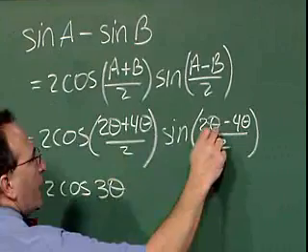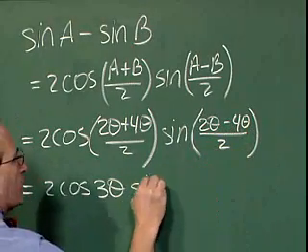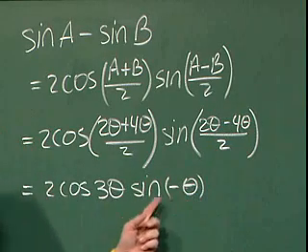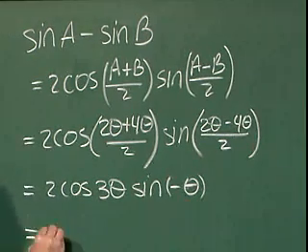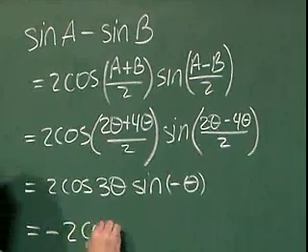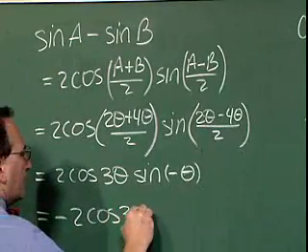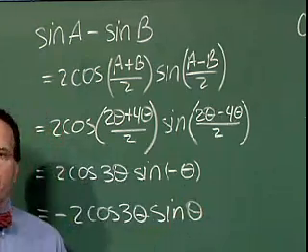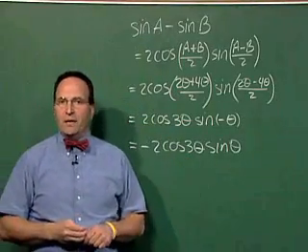And this is 2 theta minus 4 theta, which is negative 2 theta over 2, so it's sine of negative theta. Remember that the sine of negative theta is equal to negative the sine of theta, so we should take this one step further and say that it's equal to negative 2 cosine 3 theta times the sine of theta. I hope that's the answer that you got when you worked this problem out.